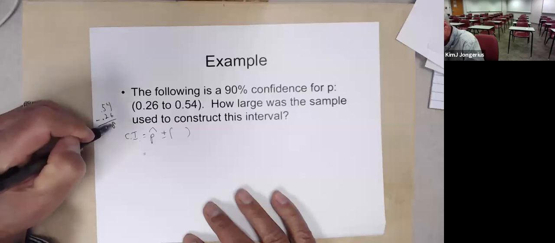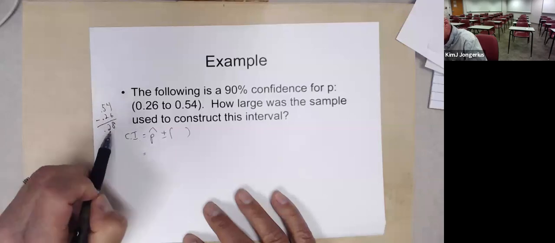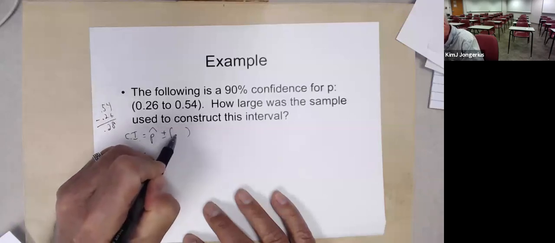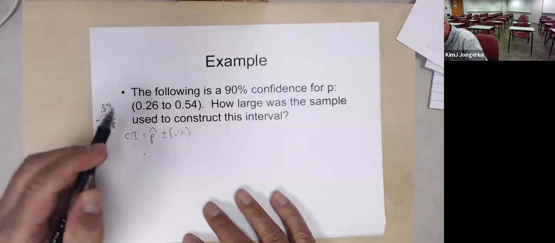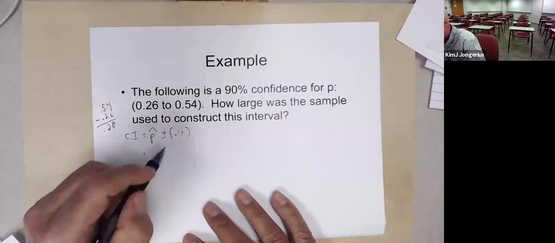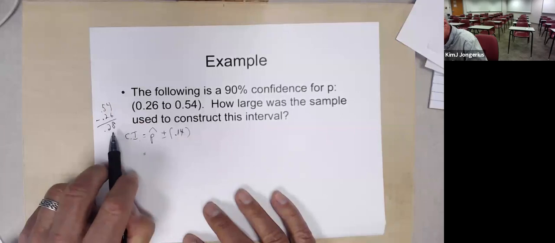And I end up with 0.28. That means half of that had to be in here, 0.14. Because if I added and subtracted, I ended up doubling that difference. That 0.14 was half of 0.28.